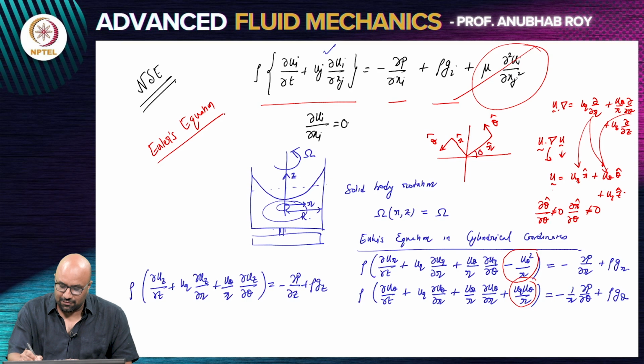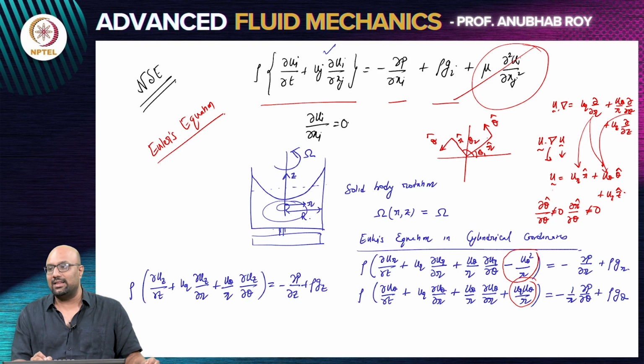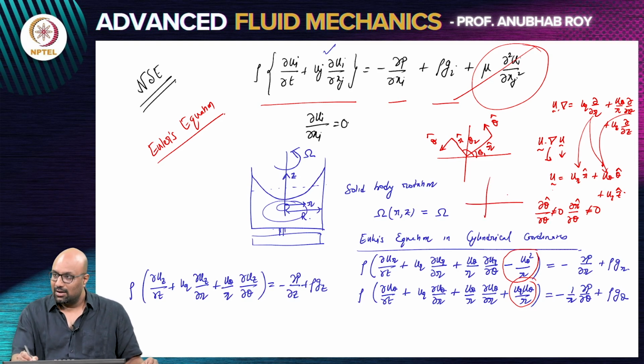For a value of theta 1, this is your r cap and theta cap. For a value of theta 2, that's your r cap and theta cap, which means there is a variation of r cap and theta cap with theta, which is quite unlike your Cartesian coordinate system, where at any point you are always going to have the same x cap and y cap. The unit vectors in x and y don't change with x and y. So which is why you don't get those additional terms in Cartesian coordinate system, but you will always get those terms in curvilinear coordinate system.